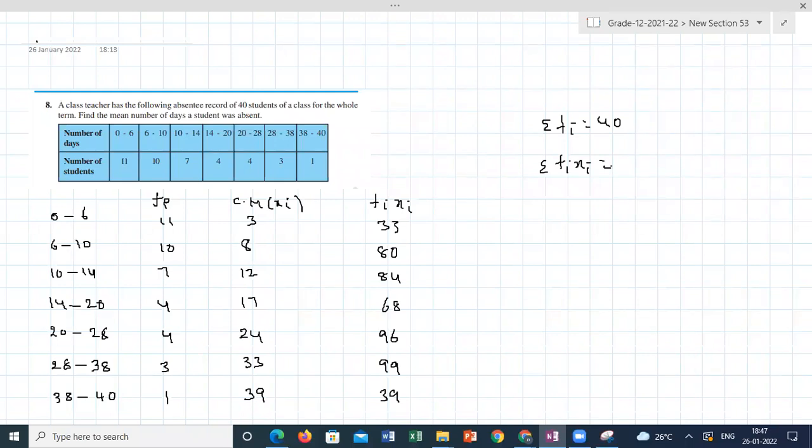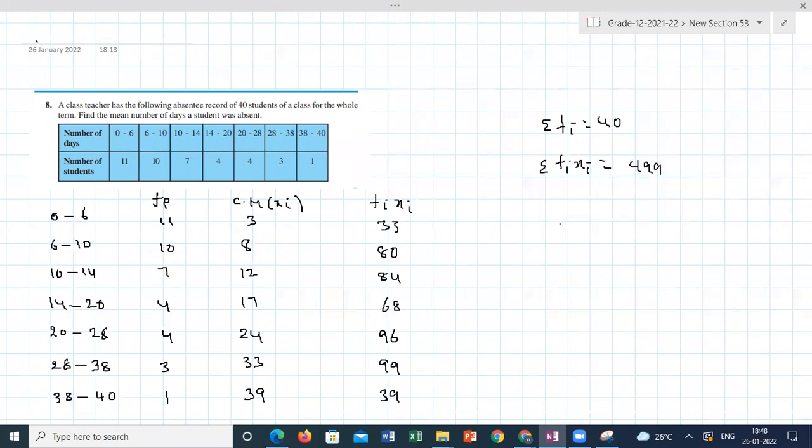Sigma Fi Xi is how much? 33 plus 80, 113 plus 84, 197. 68 plus 96, total 499.